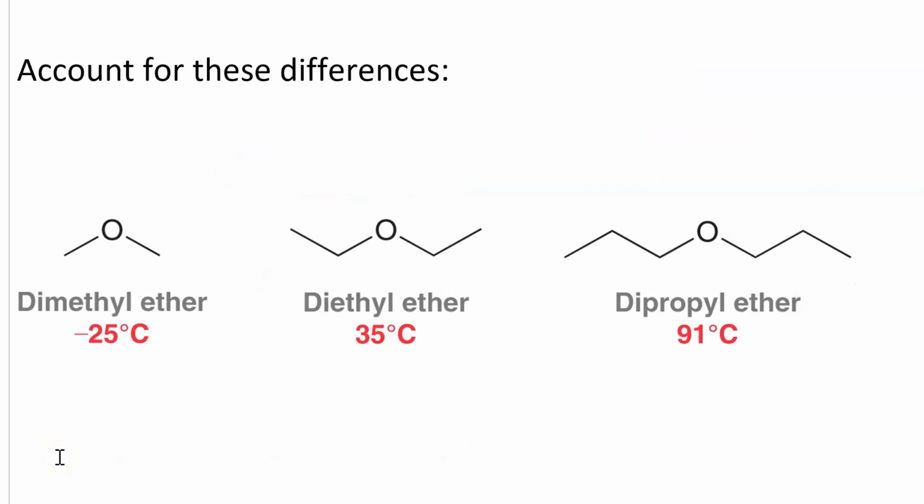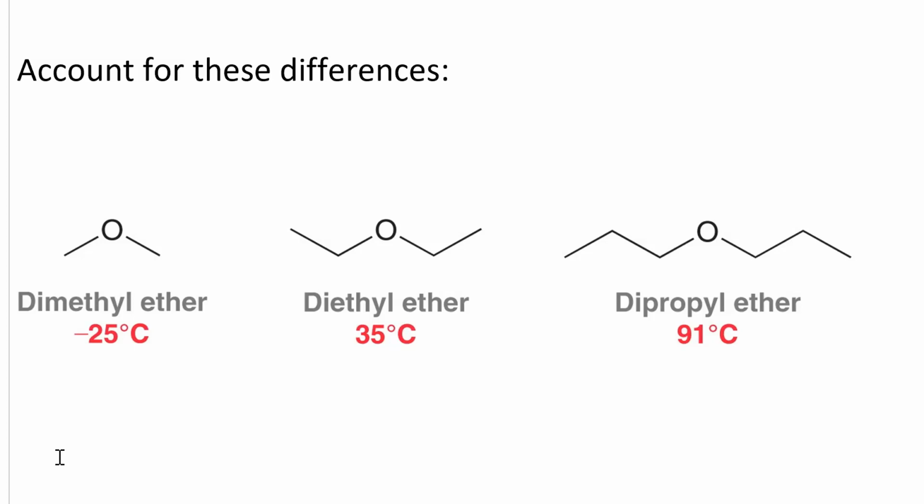Now let's account for these differences. As the size of the R groups goes up, the boiling point of an ether increases. All three of these are polar molecules. In dimethyl ether, the dipole-dipole is the dominant intermolecular force.